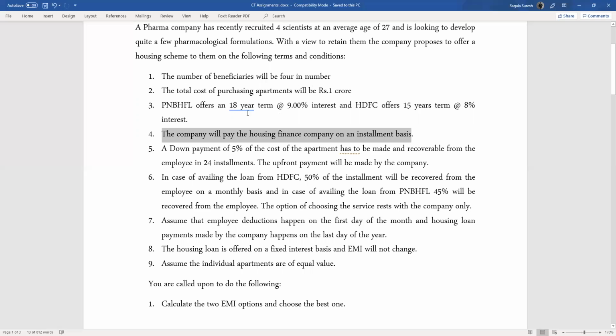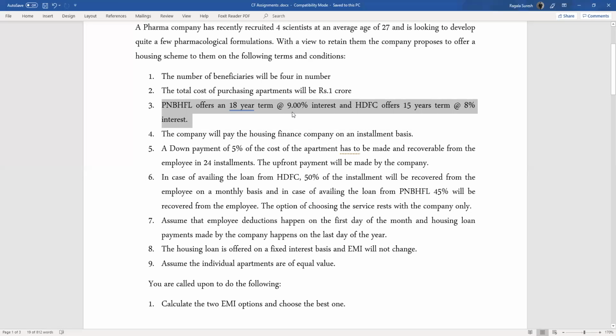So one bank, tenure 18 years, 9% interest, and HDFC 15 years and 8% interest. Based on this, can we compute the amortization loan schedule? Yes, we can, with principal amount, interest, and tenure. So that is one option.